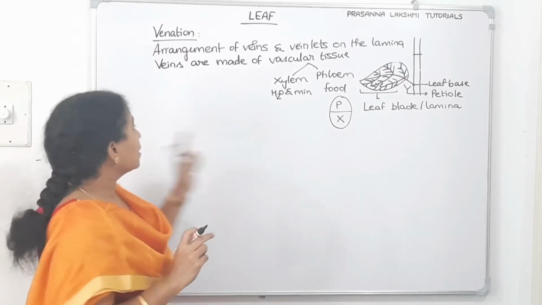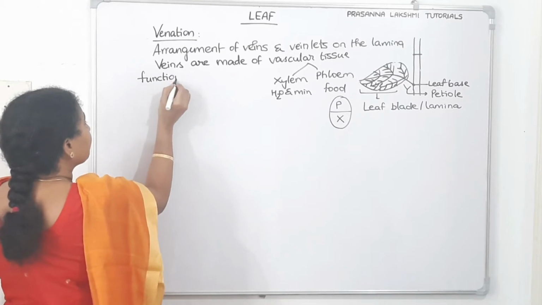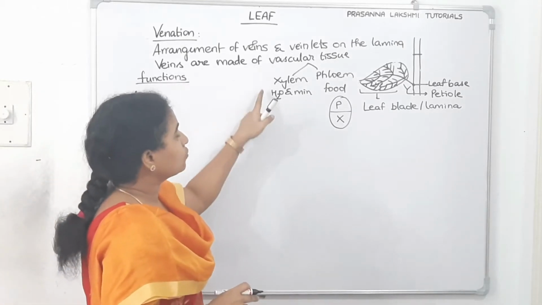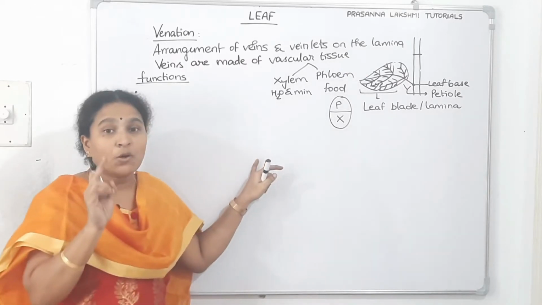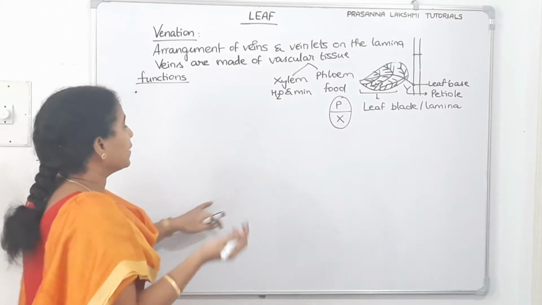Now, what are the functions of the veins? As we just discussed, the veins contain vascular tissues, xylem and phloem. That means veins help in conduction of water, minerals and food. That's the first function.